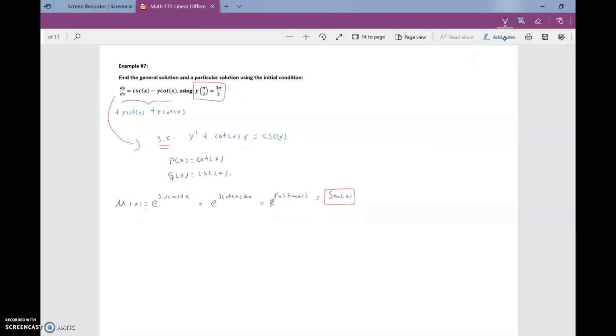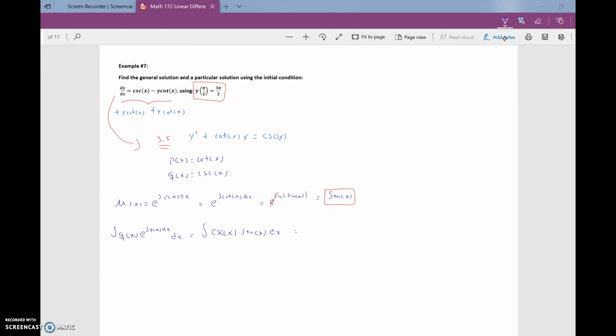Now, we need to calculate the other portion, and this is the integral of q of x times e to the integral of p of x dx, and then dx, which is going to be equal to the integral of cosecant of x times sine of x dx. So in this case, this is good news. I'm missing a c here.